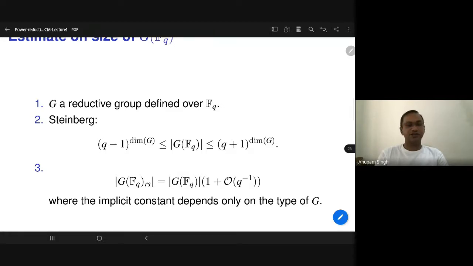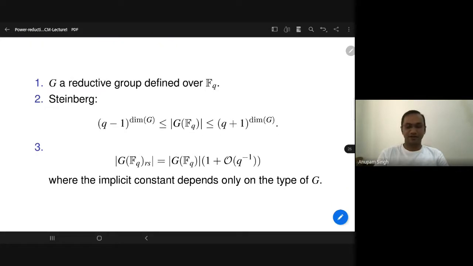So if I have a reductive group which is defined over a finite field, then this is the result of Steinberg, that it gives you an estimate of the size of G(F_q), the finite group of Lie type, which you obtain as the fixed points of some Frobenius map. It is bounded between (q minus 1) to the power dimension and (q plus 1) to the power dimension.